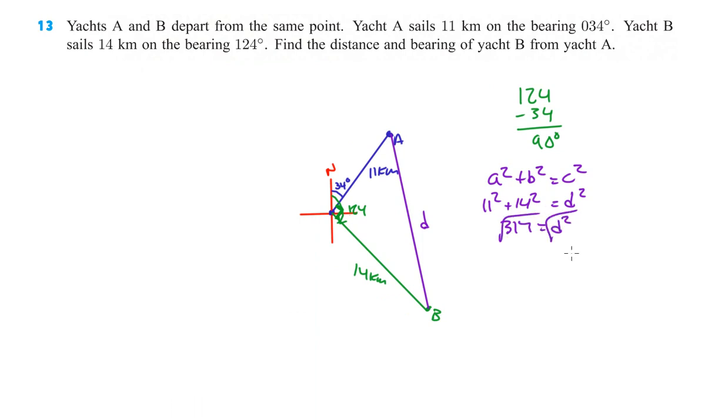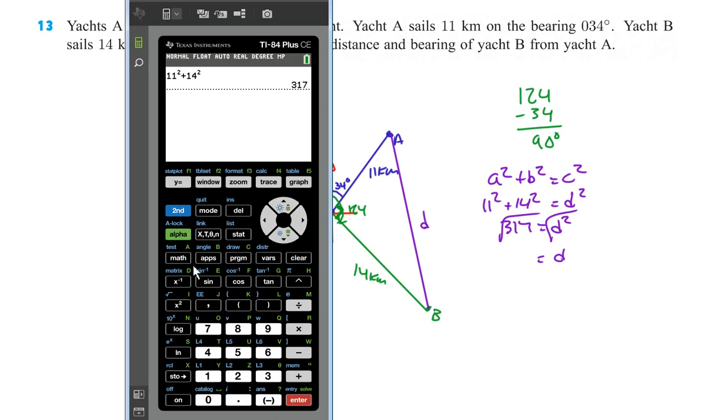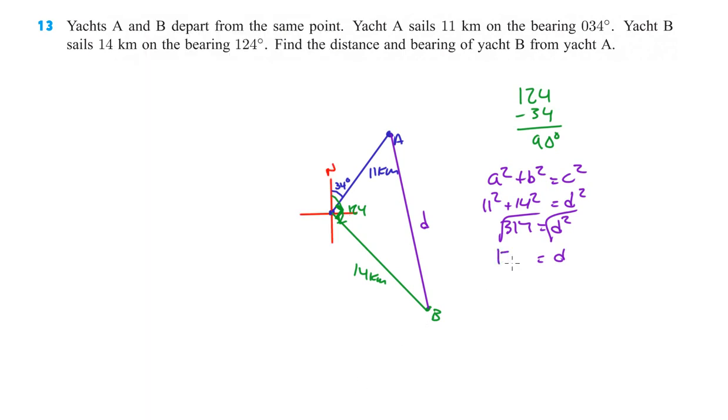So we square root both sides and get that the distance between the two yachts is 17.8. So they are 17.8 kilometers away from each other.